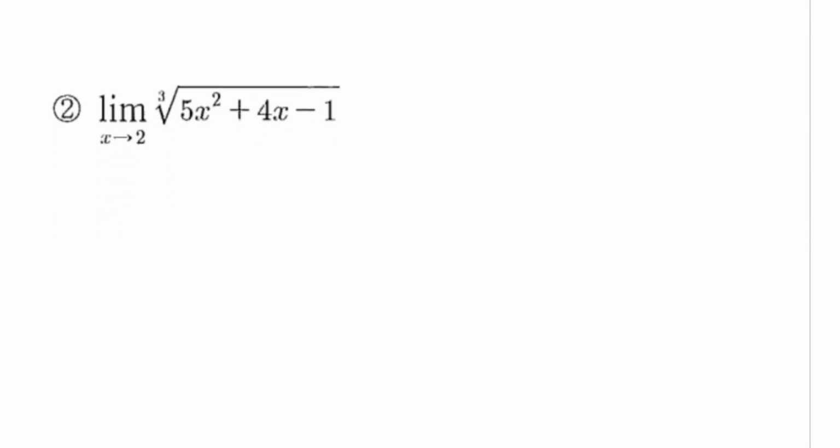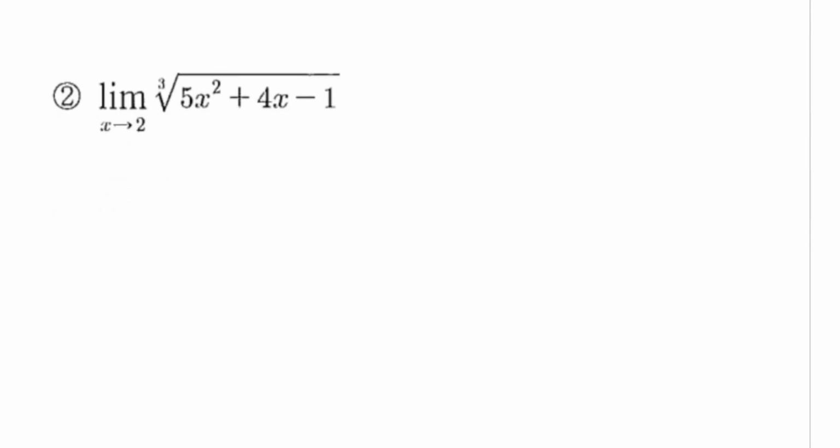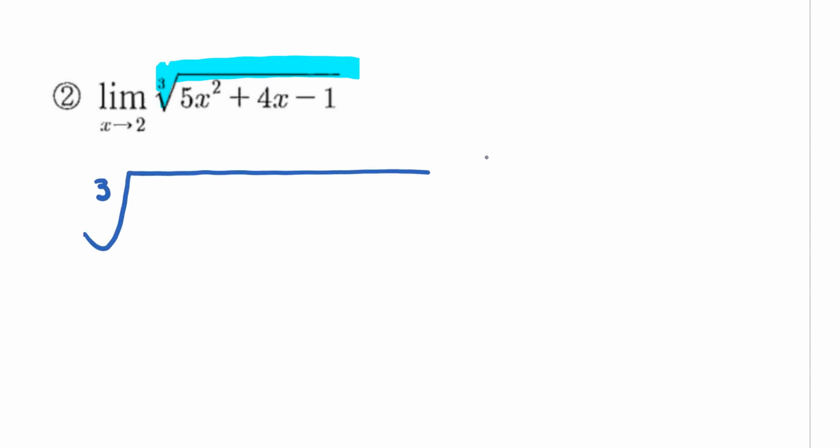Let's move on to question number 2, where we need to apply the limit properties. Whenever we have a root, the root sign is on the outside here, and this limit sign will distribute to all 3 terms inside the root.